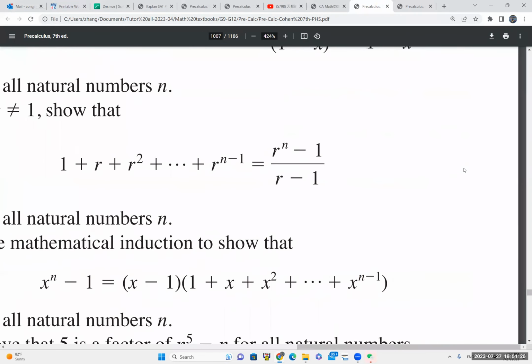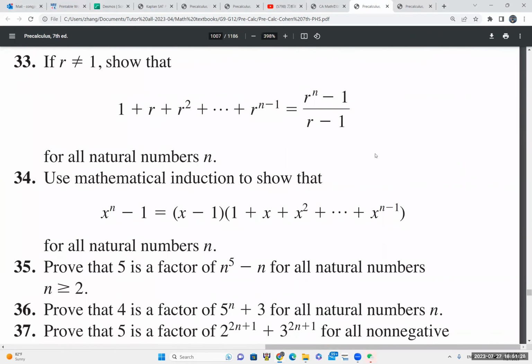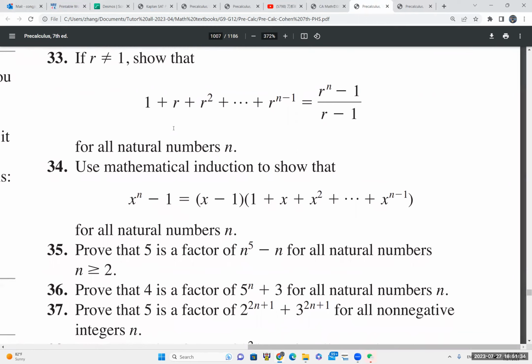How about we do this? Number 33. If r is not 1, show that this is true for all natural numbers n.